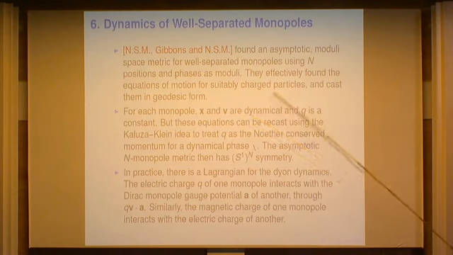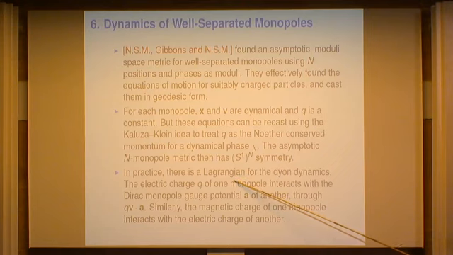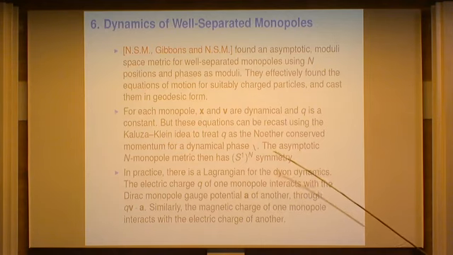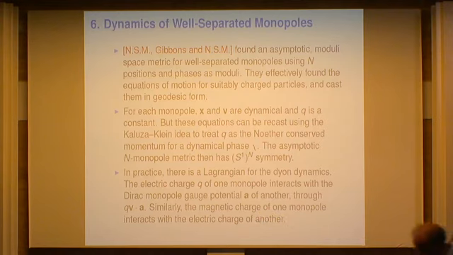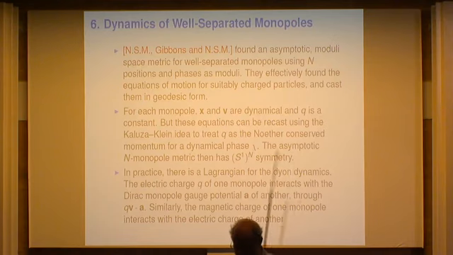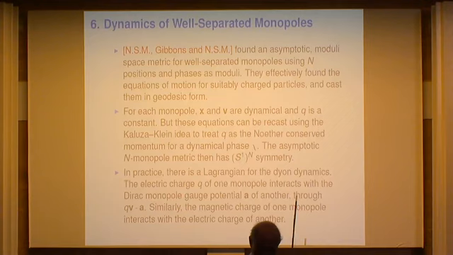So in practice, we didn't actually find equations of motion. It was easier to find a Lagrangian because we do Lagrangian dynamics for these monopoles, and they're dions because they also have electric charge. And the electric charge in one monopole interacts with the gauge potential of another. When you have a monopole, it produces some magnetic field, and it has a Dirac kind of potential approximately to describe the magnetic field. And then how does a charged particle interact with that?